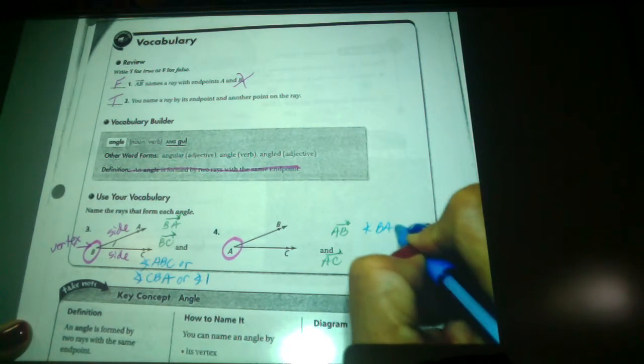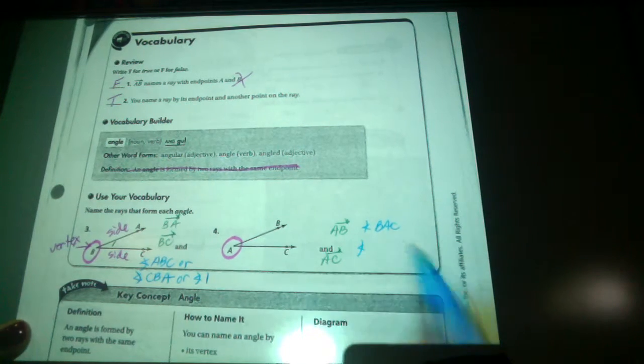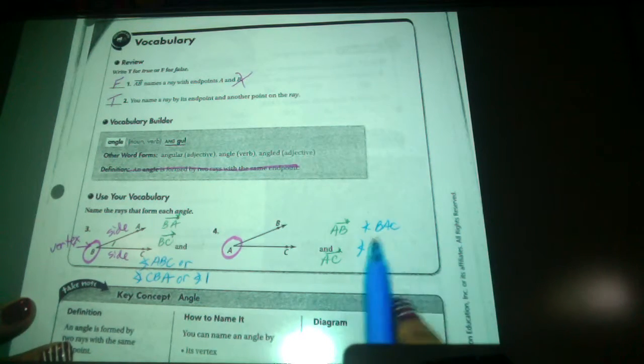Name this angle, please. So Bailey, what's one name? BAC. BAC is correct. And Mariah, what's another one? CAB.